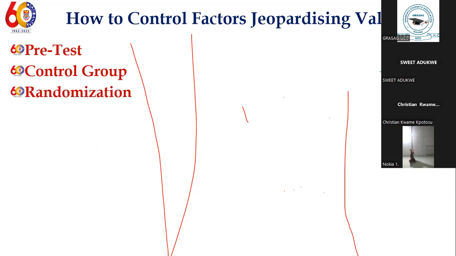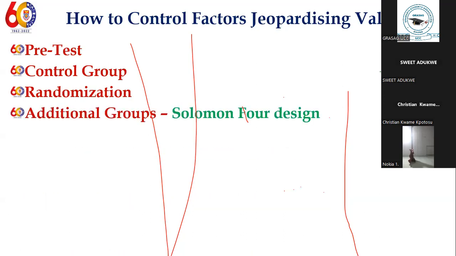There's the issue about randomization. We spoke about randomization, random selection, random assignment, so that we can use this randomization to control for selection bias. Then there could be the addition of what? More groups.